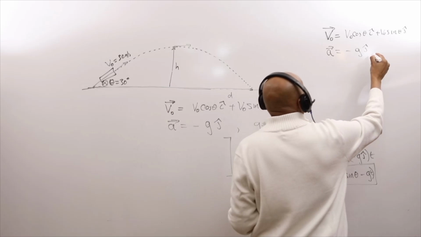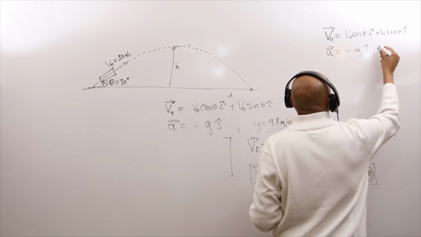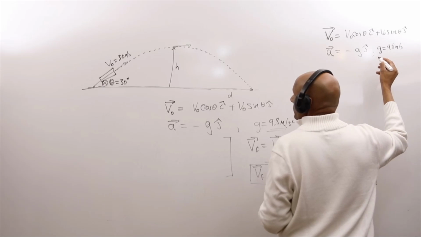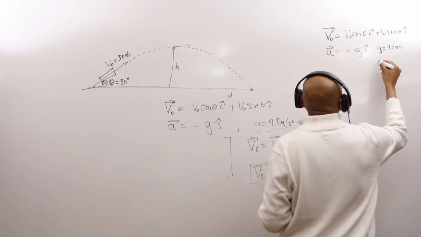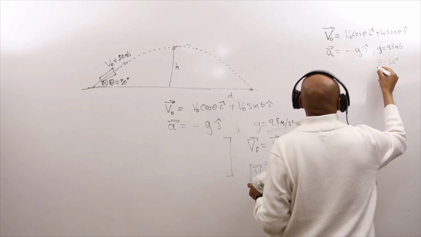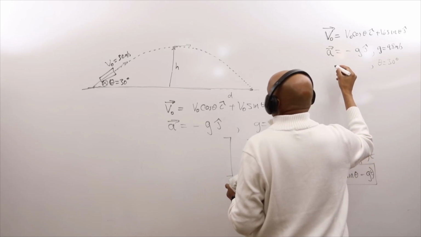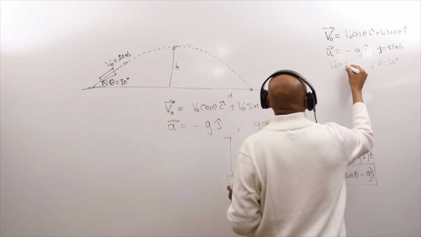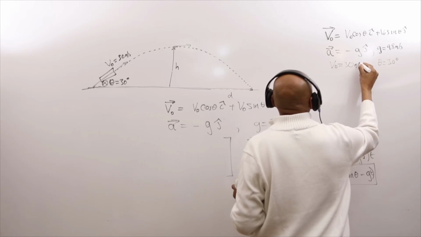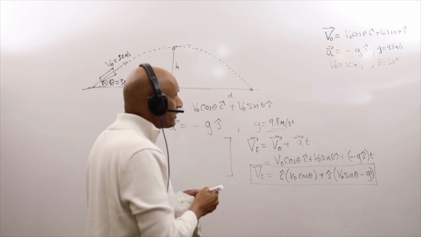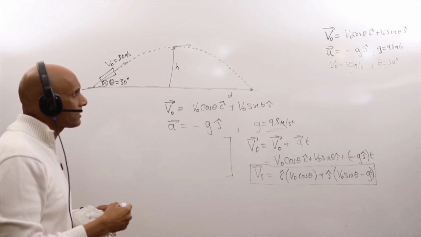We have that g is 9.8. So I'll write that down just to remind you what these numbers are. We're also told that theta, I just selected arbitrarily, is 30 degrees, and we also know that the initial velocity V0 is given by 30 meters per second. I've selected all these in standard units, so I don't have to keep track of the units.